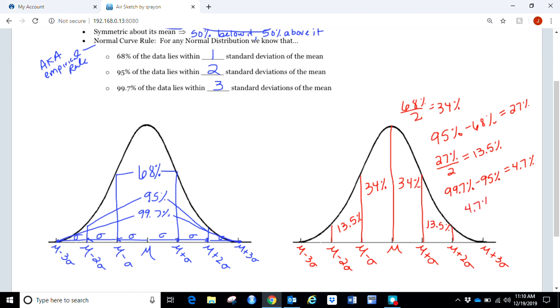But I have 2 different spots to split that up between. So that's going to give me 2.35% that I can put in these pieces. So that piece is going to be 2.35%, and this piece is going to be 2.35%.